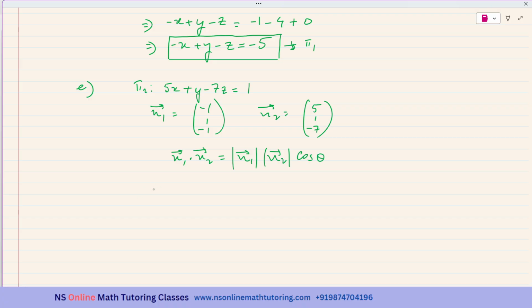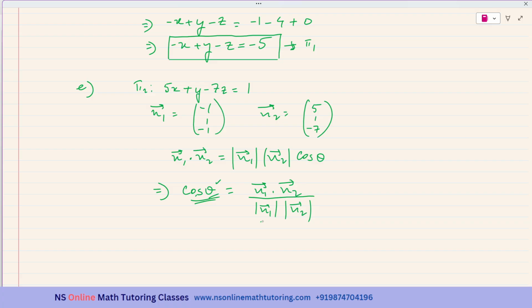And rearranging the terms because we need cos theta, cos theta is equal to n1 dot n2 over the magnitude of the vector n1 times the magnitude of the vector n2. Now, since they have said theta is an acute angle, the cos theta value will be positive. Whenever theta is an acute angle, you should have a positive value for cos theta.